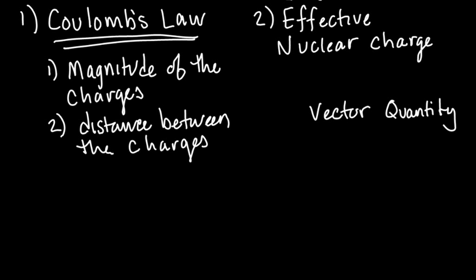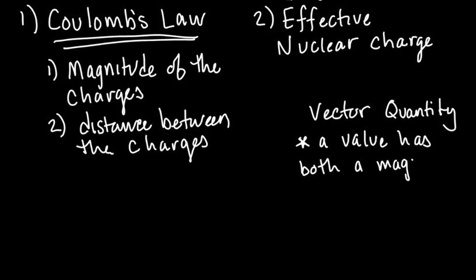Quantity just means a number, and then a vector refers to the fact that it has a direction. So vector quantity means that a value has both a magnitude, or a number, and a direction.